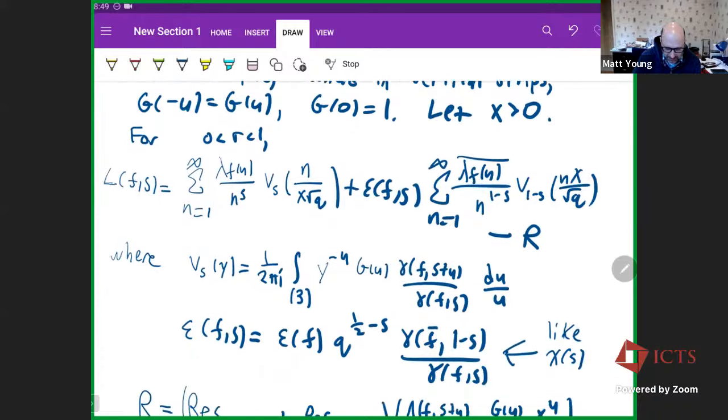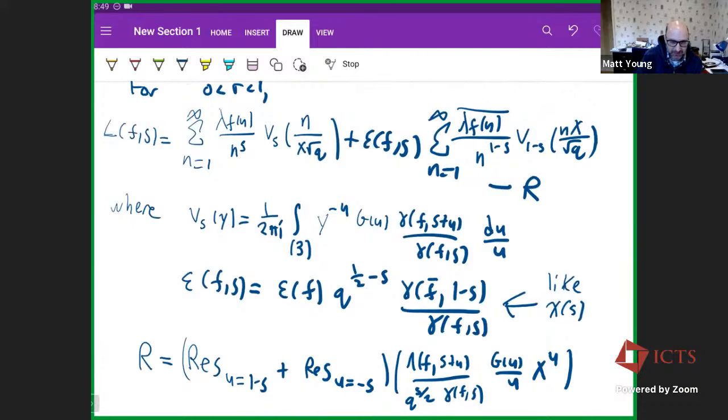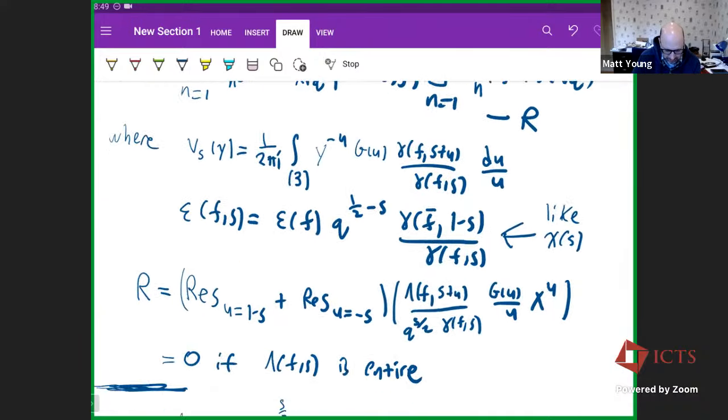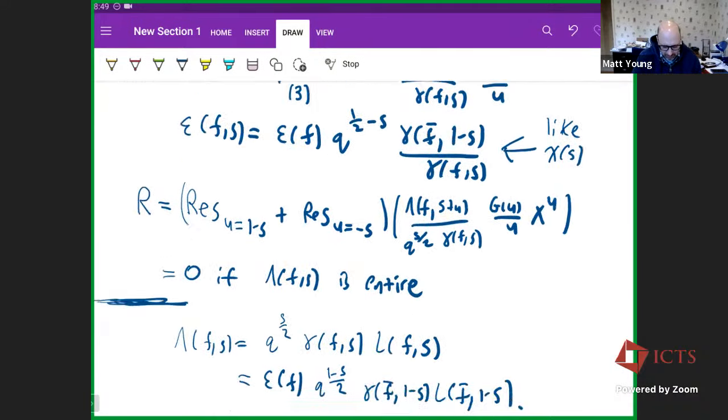The weight function, this V function, is given by some kind of Mellin integral of the capital G against this ratio of gamma functions. And then there's this epsilon factor, which occurs inside the functional equation. And then R is this residue term, and often the residue is 0.